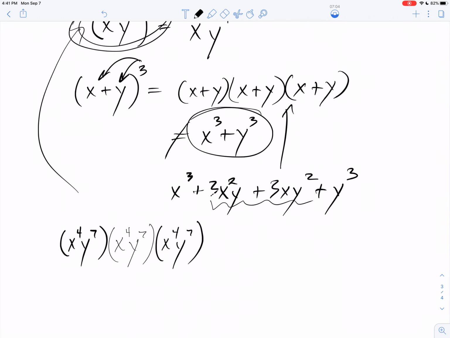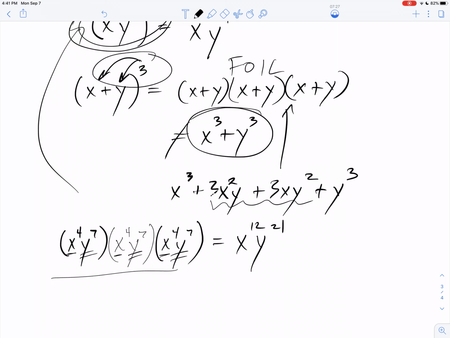I can just say, hey, x to the 4th times another x to the 4th times another x to the 4th is x to the 12th. y to the 7th times y to the 7th times another y to the 7th is y to the 21st. See, I'm not FOILing here. Here I would have to do a big old FOIL party. Here I don't. So where this right here is a total no-no, we never do that.